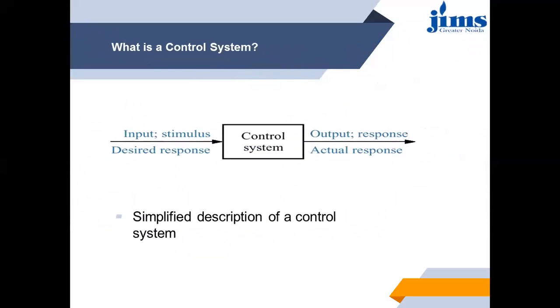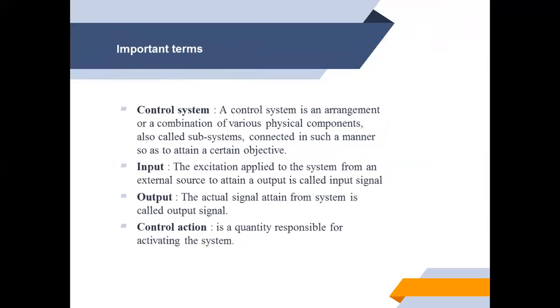So what is a control system? Simply we can say, if we give any desired input to the system and in the output we receive the actual response, that is the simplified definition of a control system.